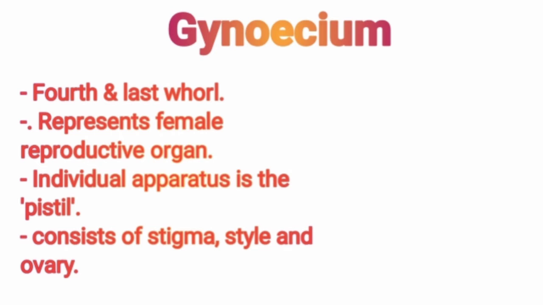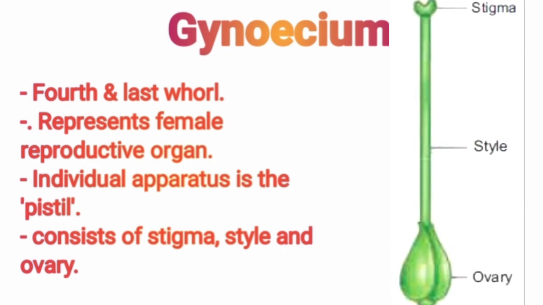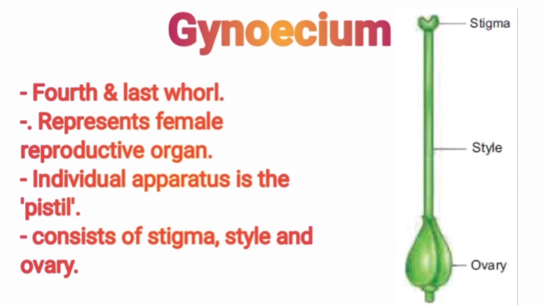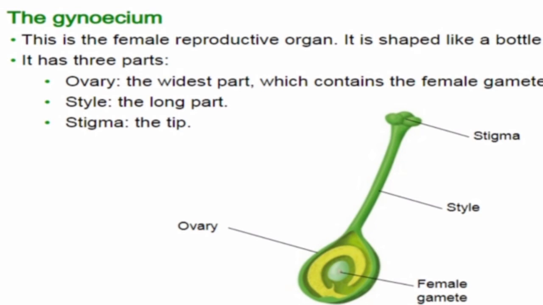Gynoecium, which is the last whorl. It is the female reproductive organ. The individual unit is known as a pistil or carpel, and a pistil consists of stigma, style and ovary. The shape of a gynoecium is like a flask and it has 3 parts: stigma, style and ovary.